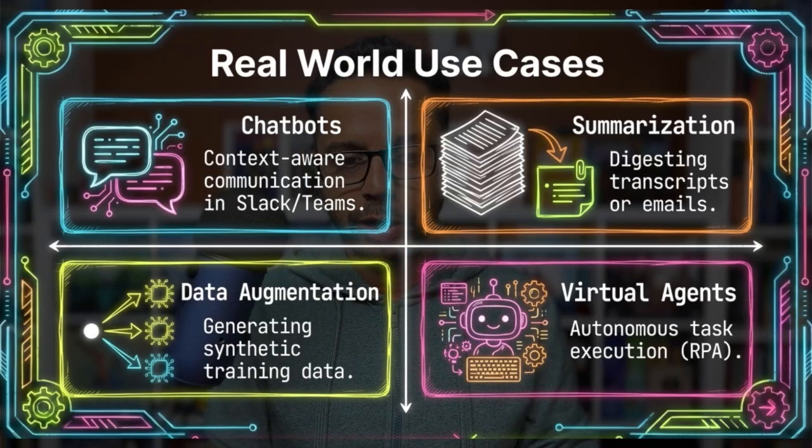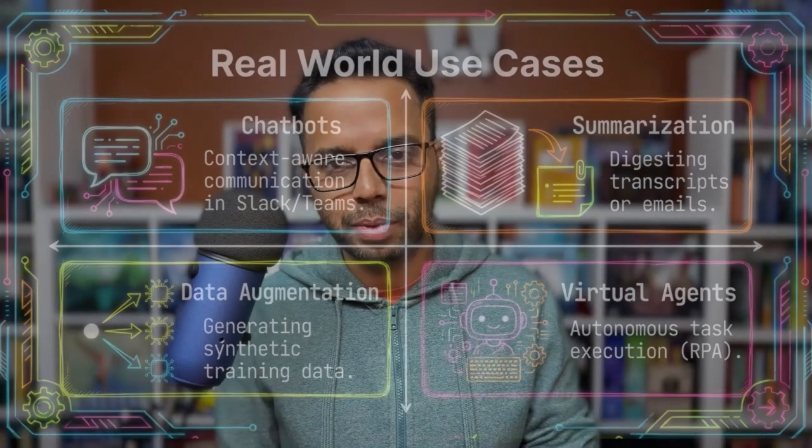Data augmentation, where you want to generate synthetic training data, or you want to create virtual agents for autonomous task execution, like an RPA. These are some of the cases where I have built applications, some using LangChain, but some using other frameworks that we have.